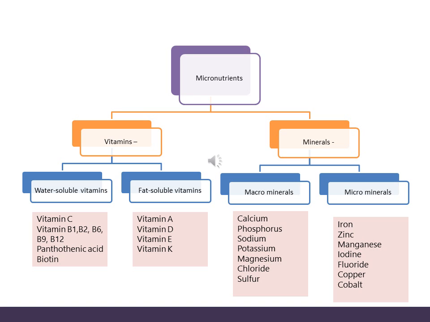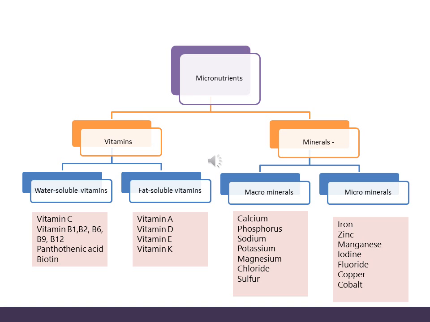I will give you an example. Iron is a mineral, and iron is very important. Why? Because it is helpful in the production of our hemoglobin. What else? Iodine is also a mineral. Why? Because it maintains the health of our thyroid. What else?